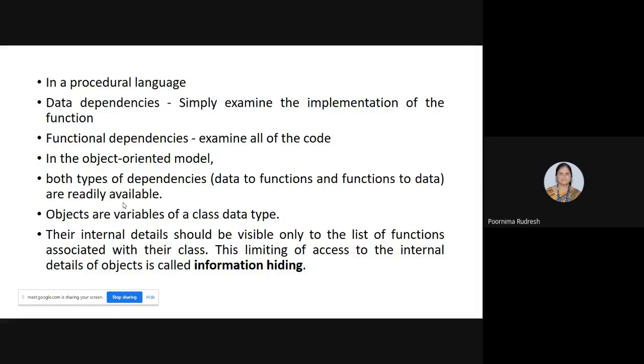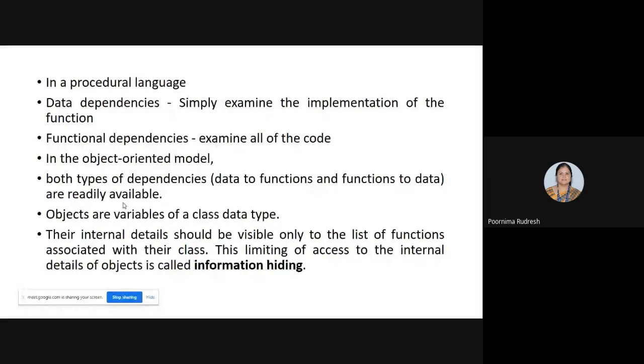Okay. Understood. Any doubt in information hiding? Then data dependencies and functional dependencies in procedural language. We find the data dependencies and functional dependencies in procedural language by examining the implementation of the function for data dependency, and by examining all of the code and its associated functions for functional dependencies.